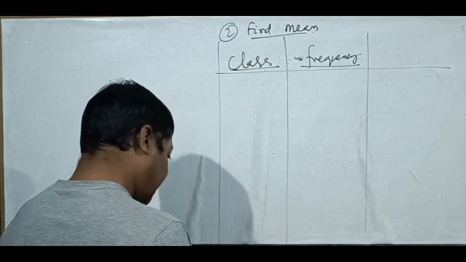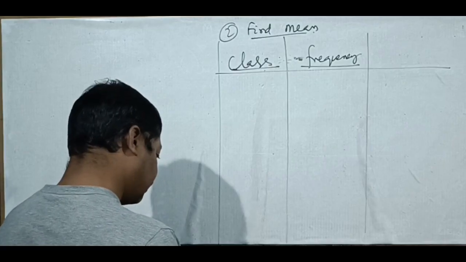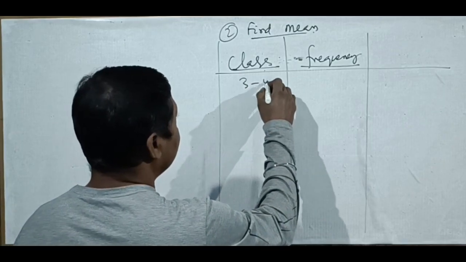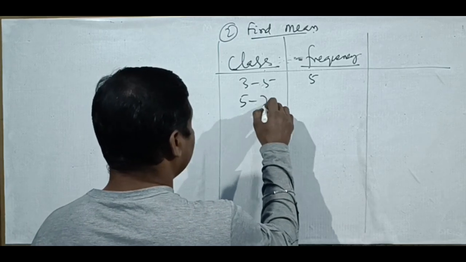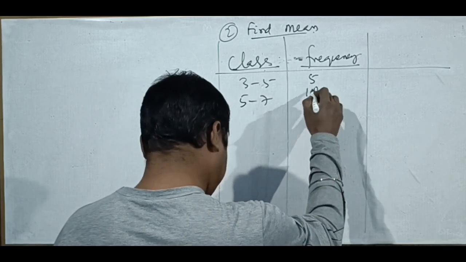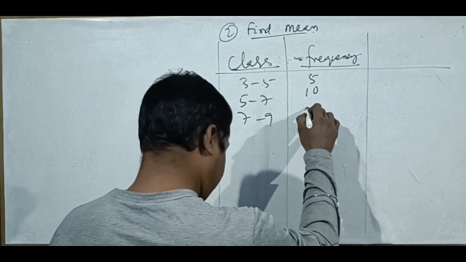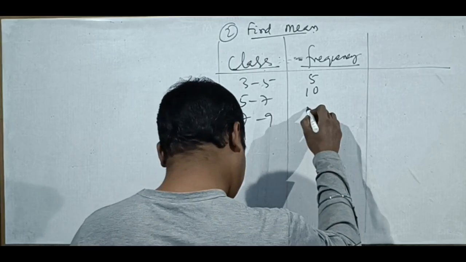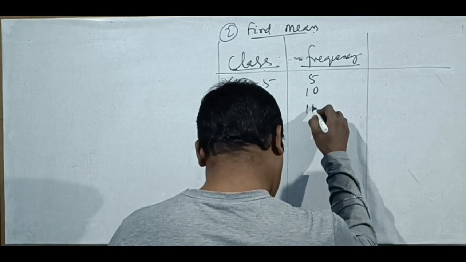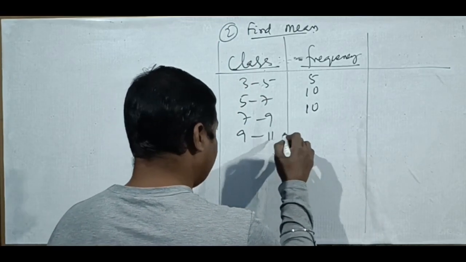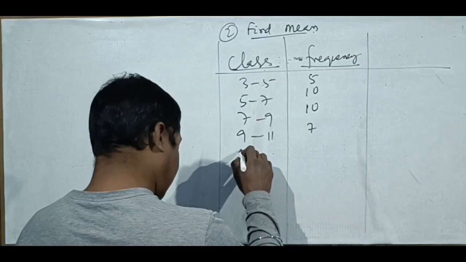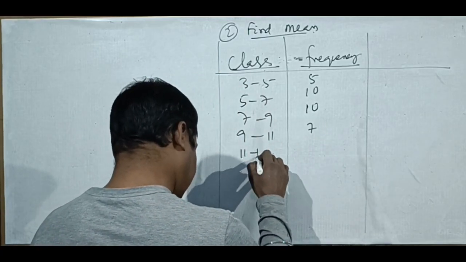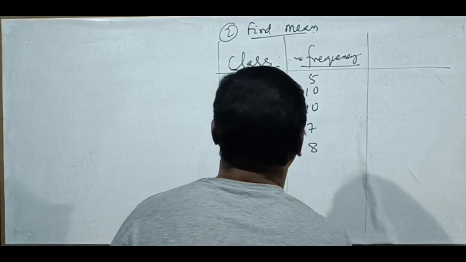So 3 to 5, frequency is 5. 5 to 7, frequency is 10. 7 to 9, frequency is 10. 9 to 11, frequency is 7. And 11 to 13, frequency is 8.